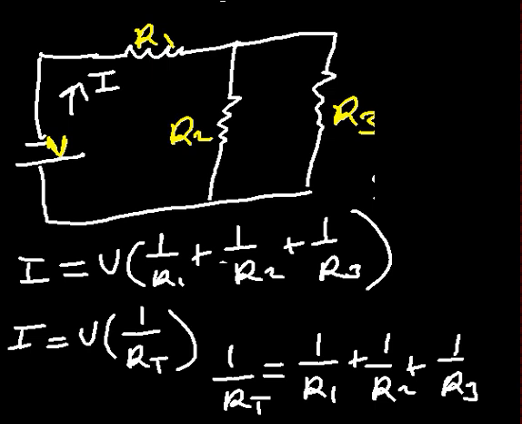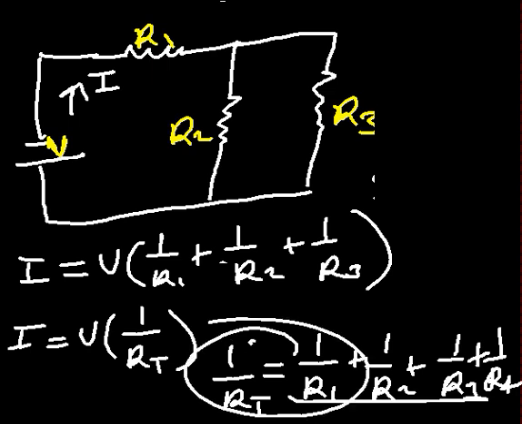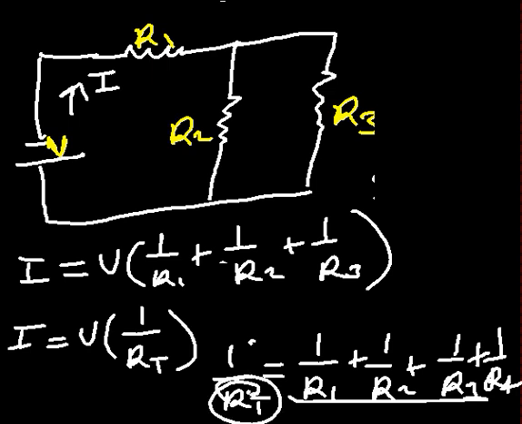So which means if we have more than 3 resistors, we'll have 1 over R4 and so on until you have them all. So take note of that. Now you also see that the total resistance is lower than the lowest resistance of the resistors in that particular circuit.